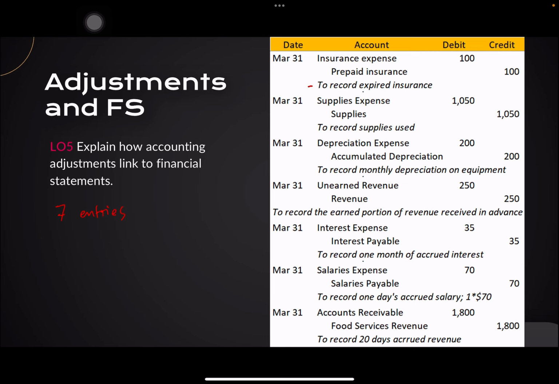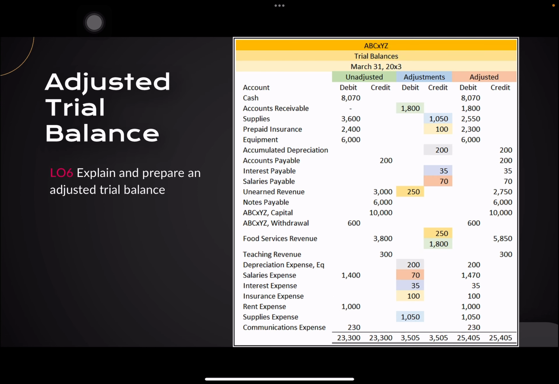So we'll be switching between different slides in order for you to see how we mapped it on the worksheet. Let's focus first on the March 31 transaction, specifically this one, insurance expense and prepaid insurance amounting to $100. So you can see we call this the trial balance. Okay, this is the adjusted trial balance.